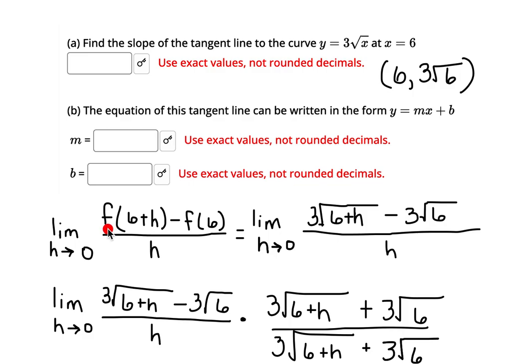Now, I need to find f of 6 plus h, which means everywhere in the function f, I'm going to plug in 6 plus h and substitute that in for x. So that goes in here under the square root. So f of 6 plus h is 3 times the square root of 6 plus h. f of 6 is just 3 times the square root of 6, and then I put that all over h.